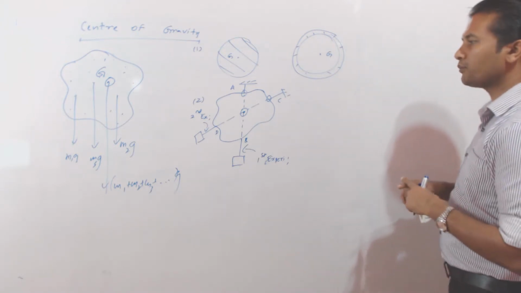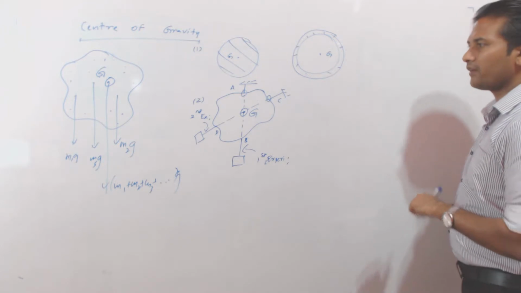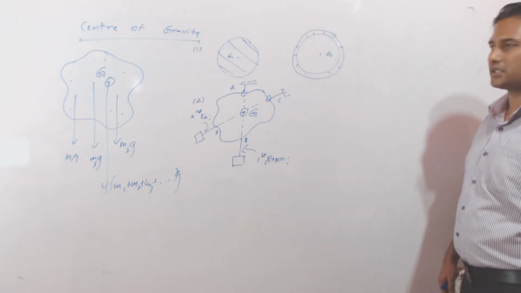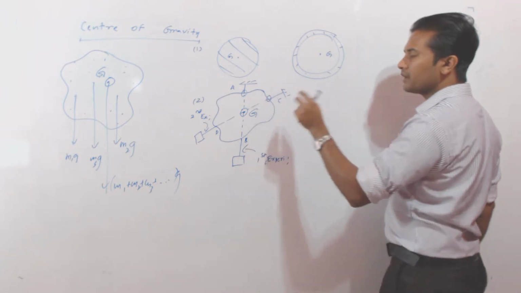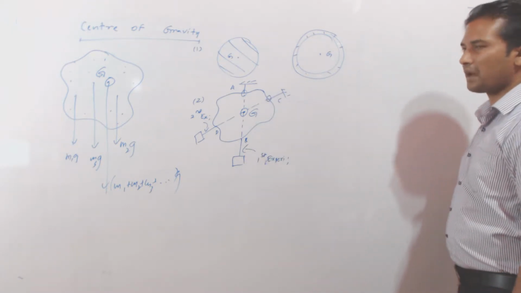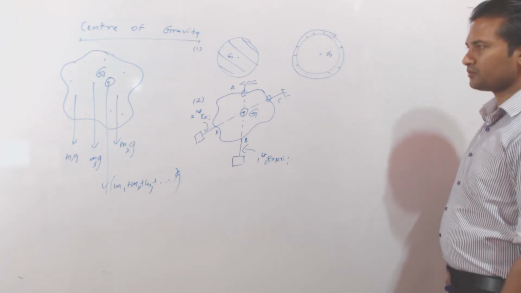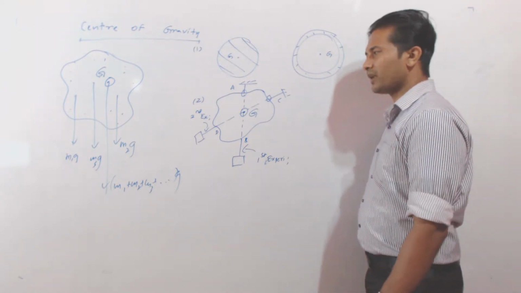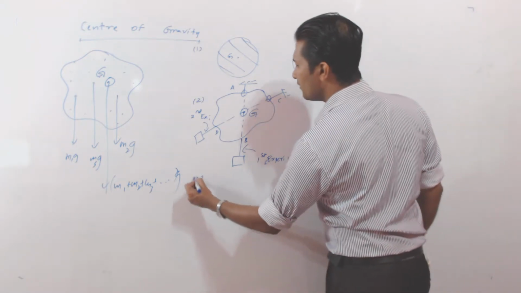The intersecting point gives you the point where the center of gravity locates. That is the way of finding the center of gravity, capital G, of a given object, which could be symmetric or non-symmetric. Okay, let's move on to the third one.